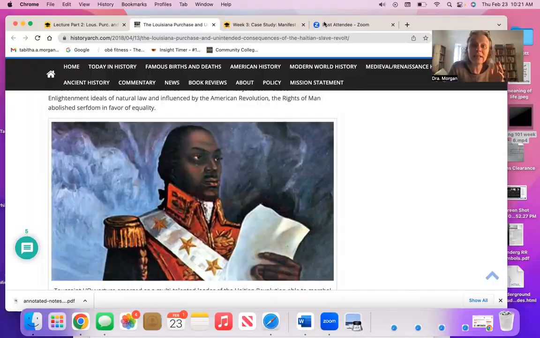So it's this crazy time where Napoleon is trying to basically create an empire in the Americas. But remember from last week, he's at war with England, right? Because he wants that empire too. Then the French Revolution happens. I'm not going to go into all the details because this is an American history class, but the French Revolution starts. The people start standing up to him. And then Haiti is like, I'm going to get in on this action.